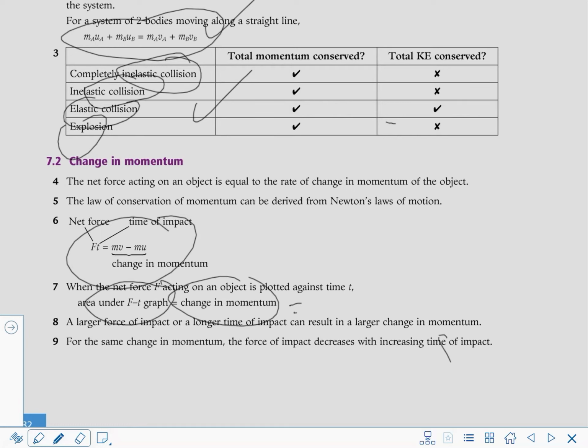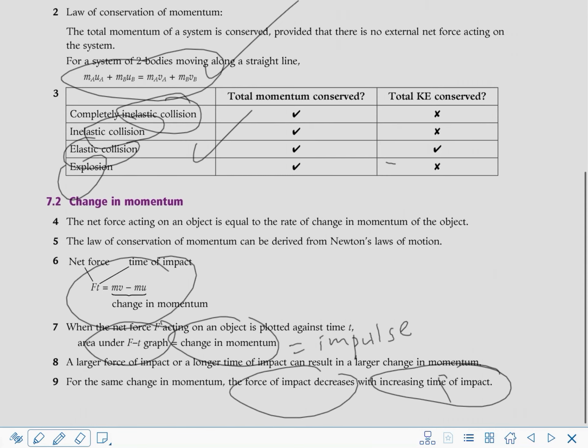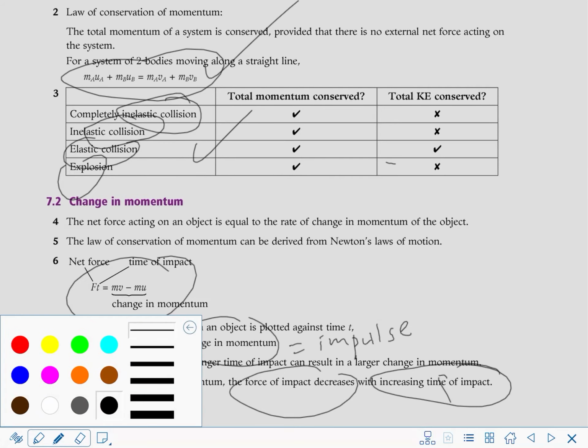We have learned that the F-t graph means change in momentum. And in DSE, we may use impulse to represent change in momentum. They are actually the same. And also, if we lengthen the time of impact, the impact force will be decreased. That's all we've learned in momentum.